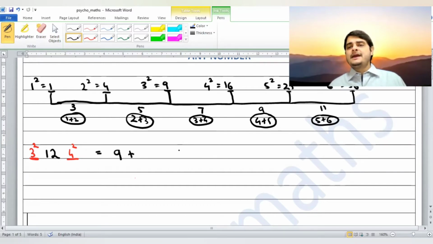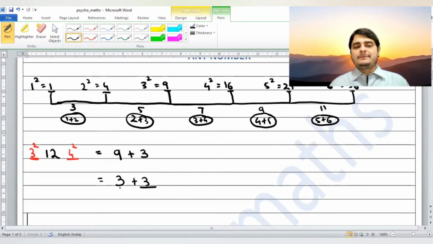How will it be coming? 9 plus 3. Square of 3 plus 3 is 12. Now what we are supposed to do is, since 9 is a square of 3, just write 3 over here and 3 divided by double of the smaller number.